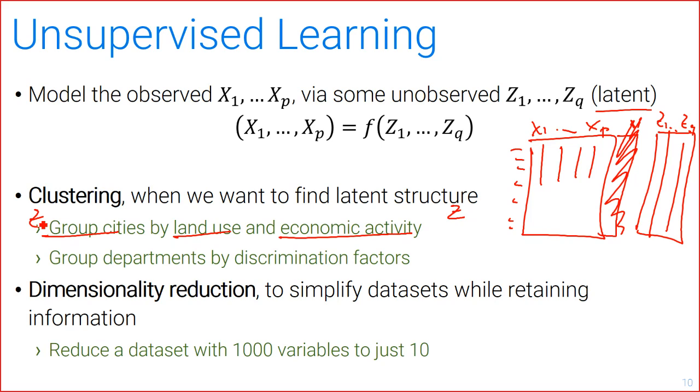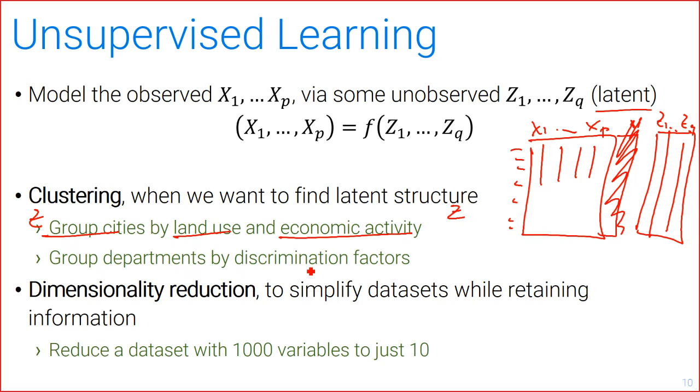That would be the categorical variable that puts together cities that behave similarly. Or we might be interested in grouping departments in the university according to different discrimination factors. So what are departments that tend to discriminate against, I don't know, faculty or students in a similar way? So this is clustering. Try to come up with the one categorical variable that we can come up with clusters with.